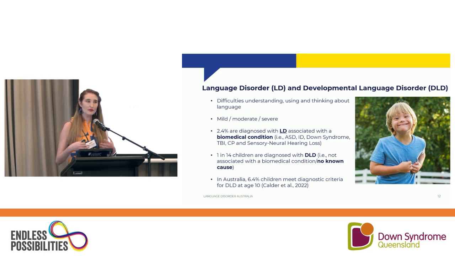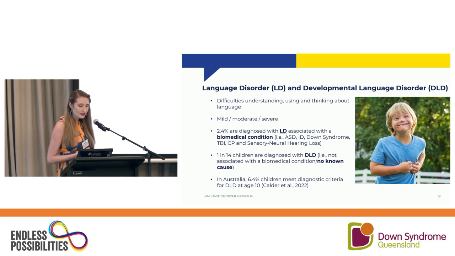So we use the term language disorder to describe that group of students or young people that appear to have persistent language difficulties. And those language difficulties can be in any of the areas that we discussed before when we looked at the 3 circles of language.